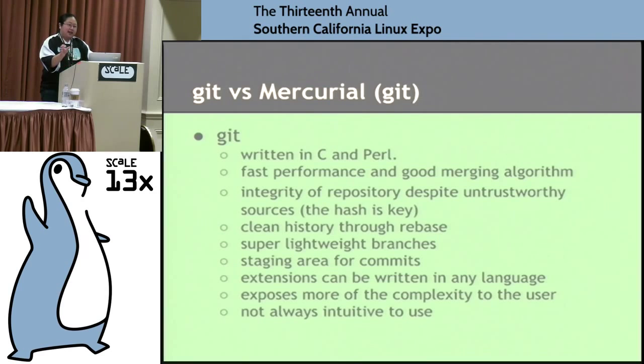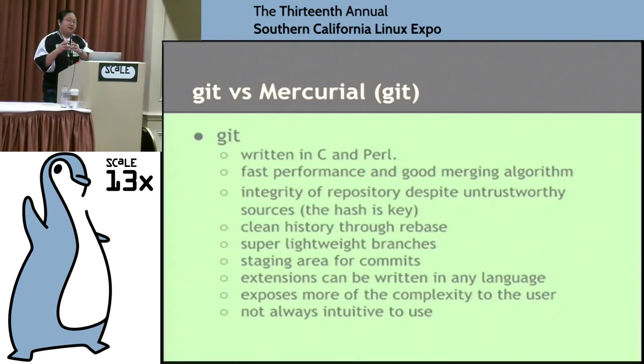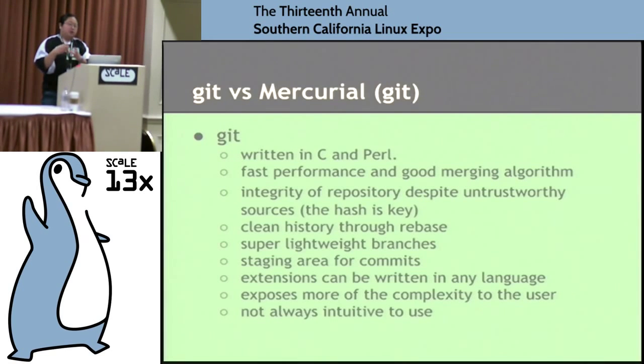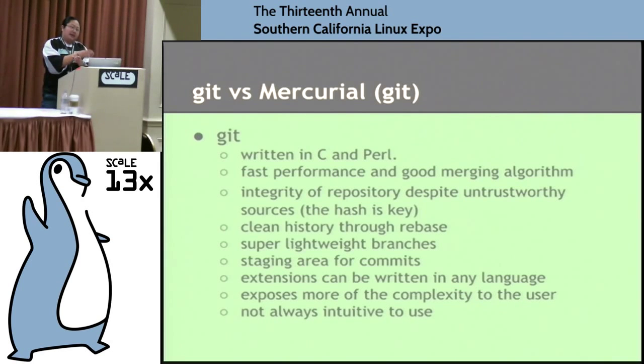This hash comes from the contents of the change set. The only way that change set is allowed to change is if the hash also changes. So as long as he knows what the hash ID is, he can be sure that this change set did not change. And because the change set also includes the ID of the parents, he can be sure that all of the change sets that came before it did not change.